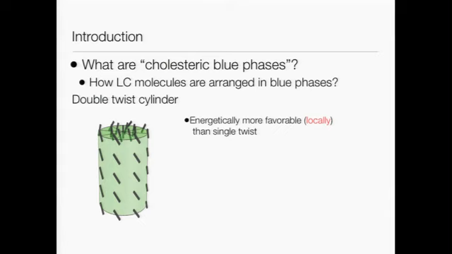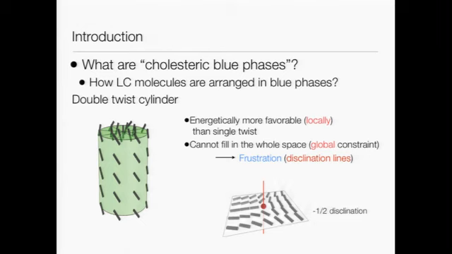This double twist configuration is energetically more favorable than single twist because it satisfies twist distortions in more directions. But it is known that this configuration cannot fill the whole space without introducing singularities, and thus this is a kind of frustrated phase.